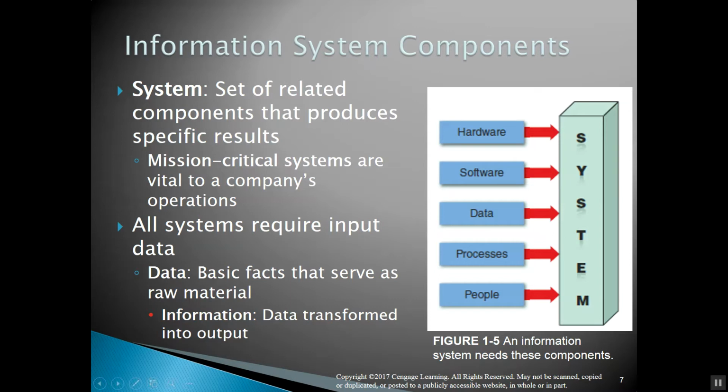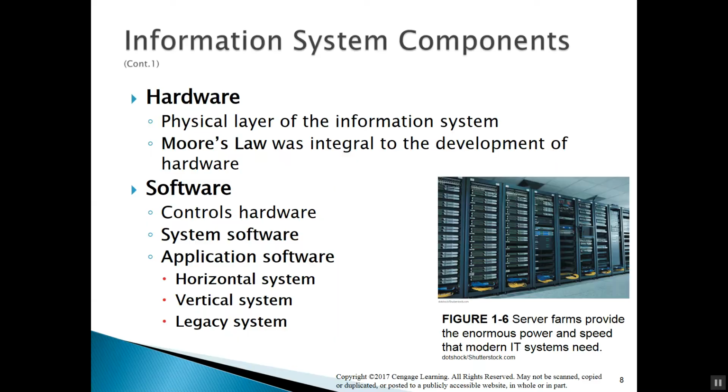Now, when it comes to information systems components, we've got hardware, software, data, processes, and people. The hardware is the physical components. Software, we all have pretty much dealt with Microsoft Office. We could deal with databases as well. There are many different software systems that control hardware or work with hardware to help us maintain or create a solution.